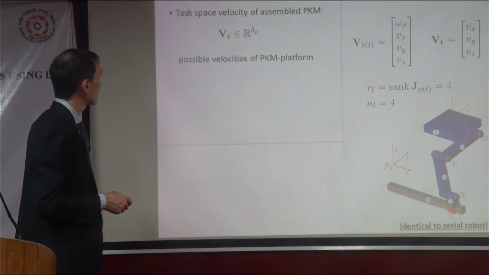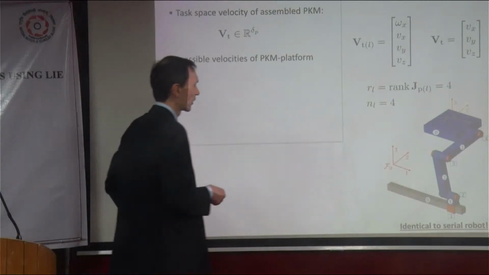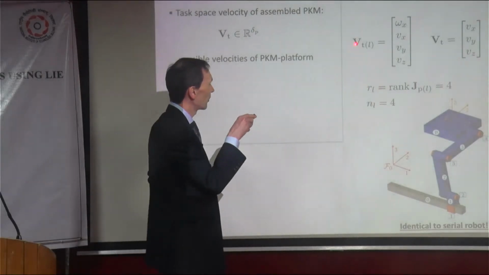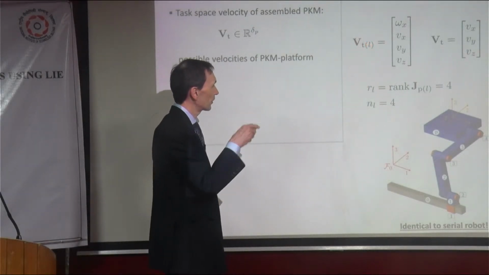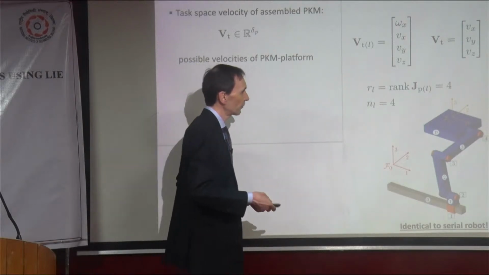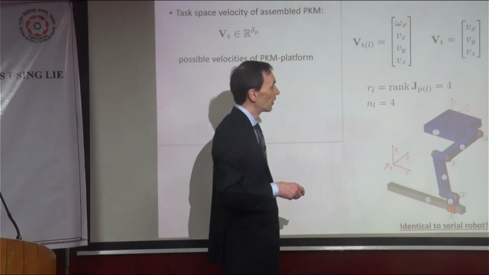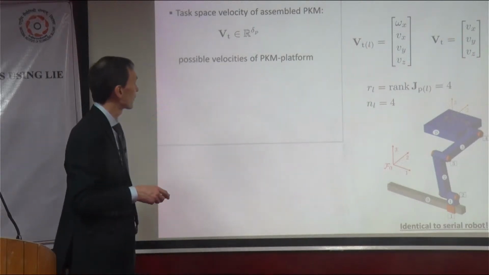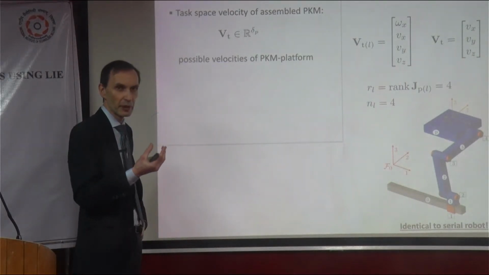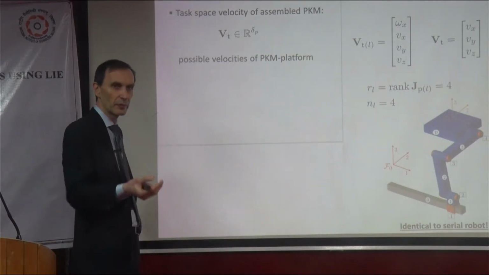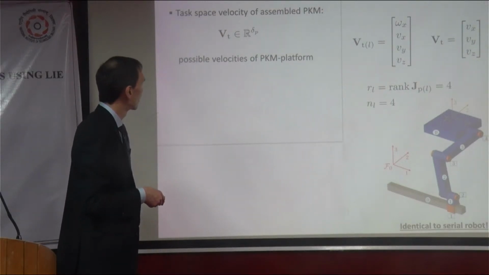Okay, so we have the task space velocity of the assembled robot also to be considered. Because remember, I said bracket L is the task space velocity of the platform and only connected to this single limb. If the whole thing is assembled, right? If the platform is connected to all the limbs, it means that the PKM is completely assembled.